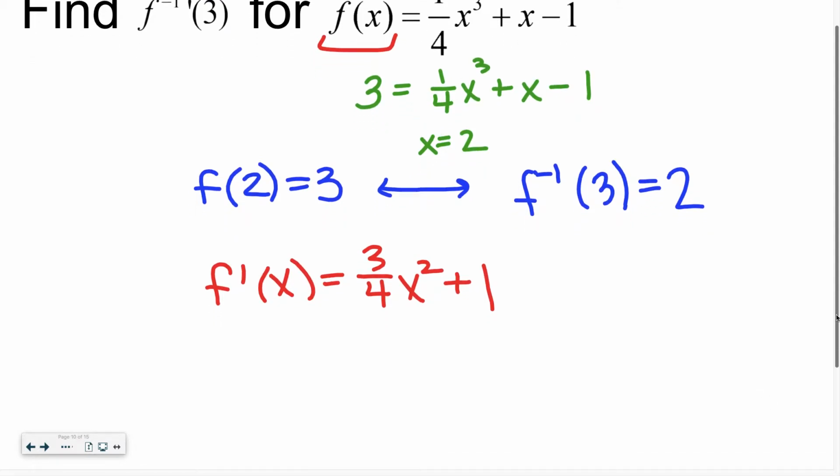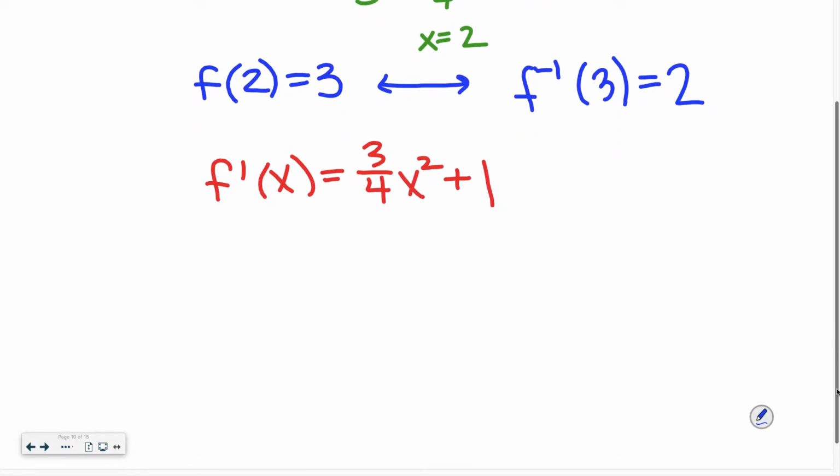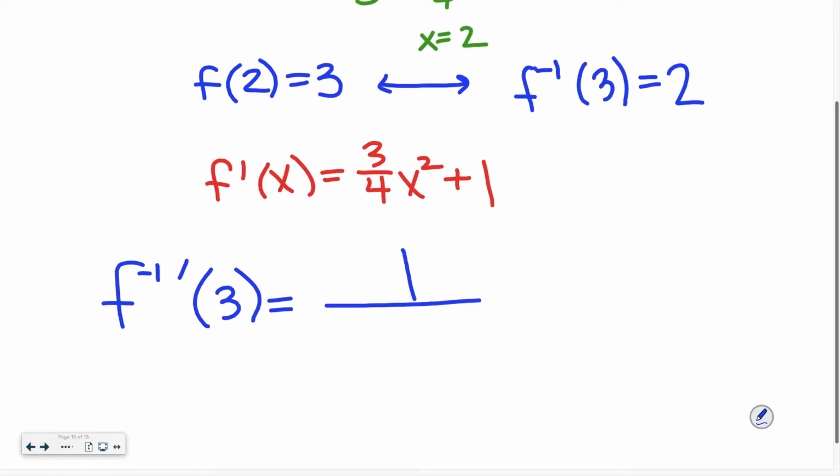So now, why do we need all of that? Well, if we want f inverse prime of 3, then our rule is 1 over f prime of f inverse. That's our rule that I had you write down on the previous slide, right? Coming together, right? It is. Okay. What's f inverse of 3? 2. That's what we figured out before.